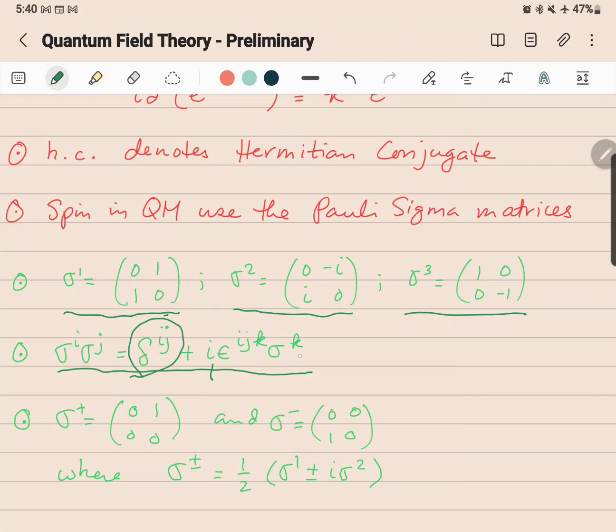And then your k here would be whatever component that's on the third index here.